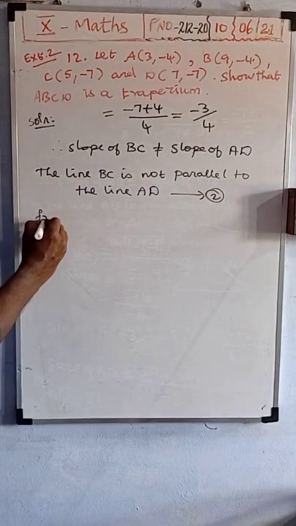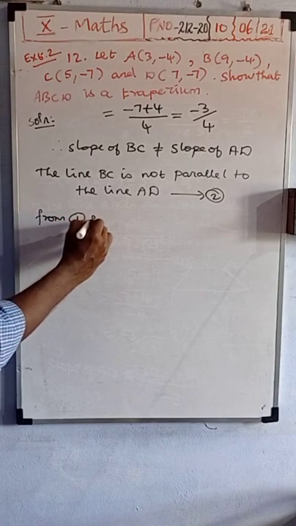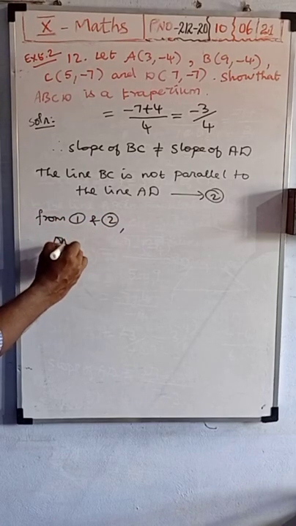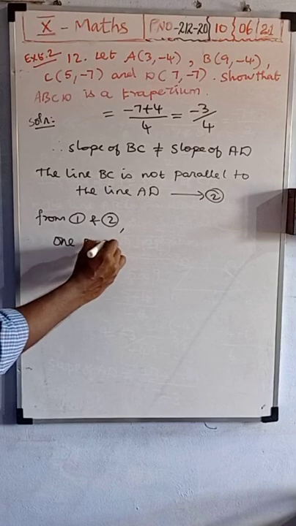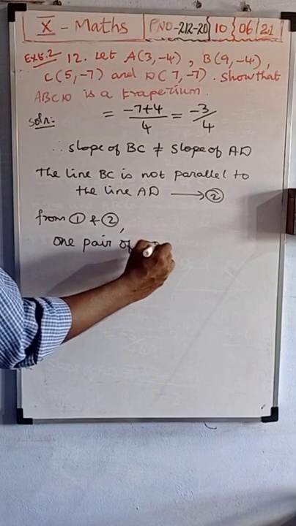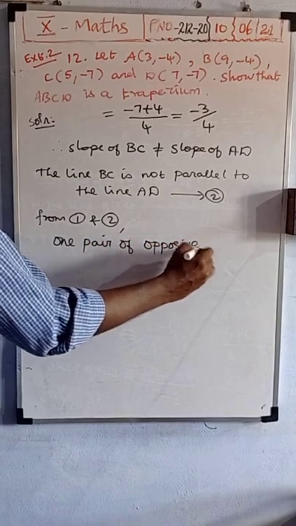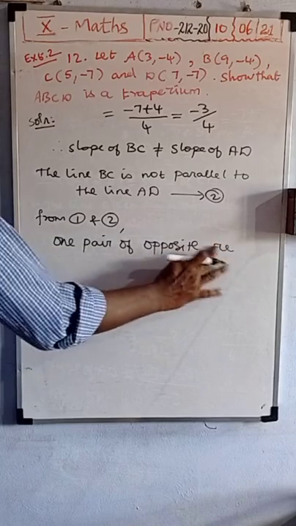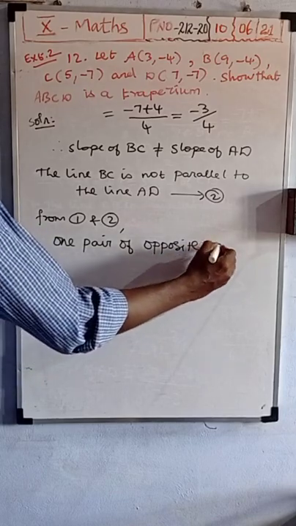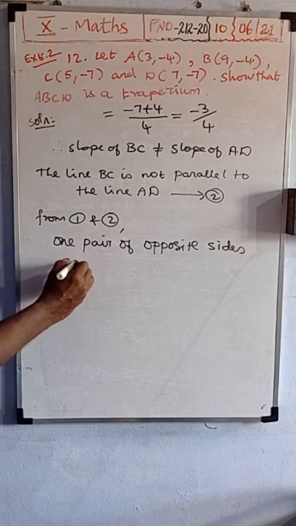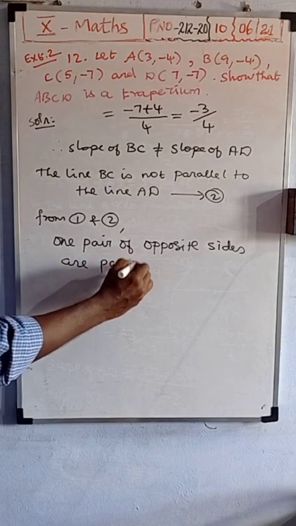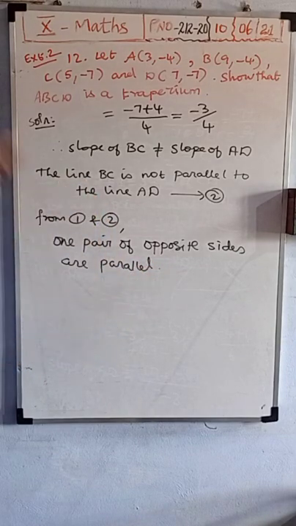From 1 and 2, only one pair of opposite sides are parallel. Yes, only AB is parallel to CD.